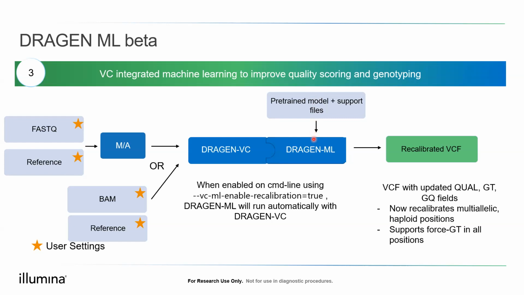The input to this model is a pre-trained model that you download from our support site. What you get at the output is a recalibrated VCF file, and the recalibration is done over a number of VCF fields. You can also have forced genotyping if you wanted to call variants at certain positions. And you can still have access to the original VCF fields that the standalone variant caller was putting out.